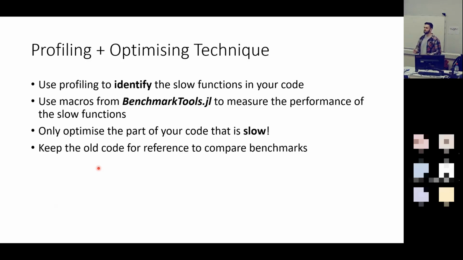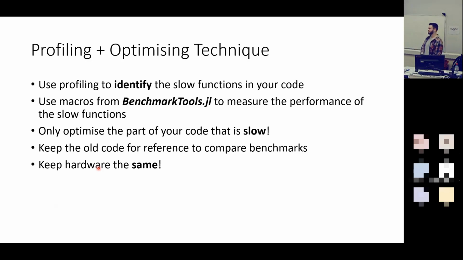I would always recommend keeping your old code so you can compare the difference between them. So you can have 2 copies of a function with a slightly different name. This is for a few reasons: to make sure that what you're doing is actually improving the performance, and to make sure that it's still getting the correct results as well, because you can run the results through and check that they're the same.